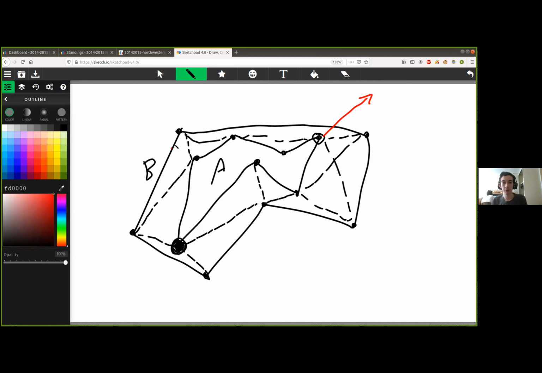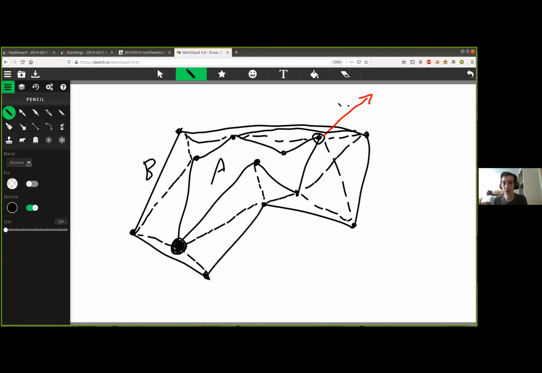And for every edge that crosses this ray, let's say this edge here, if it crosses the ray going right, from the left side of the ray to the right side, we can keep track of that. And then it can't go around the other way because then we'll also keep track of that.